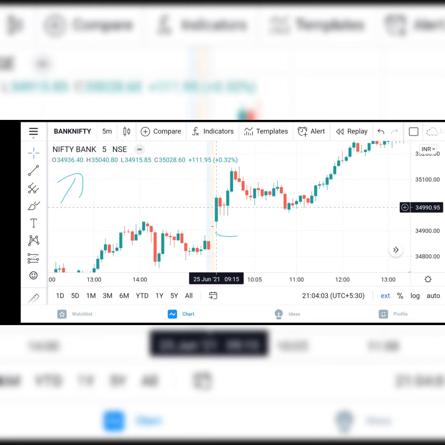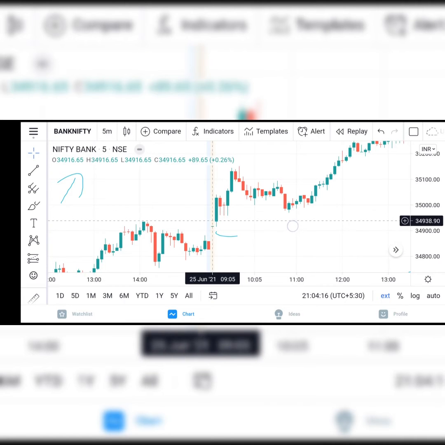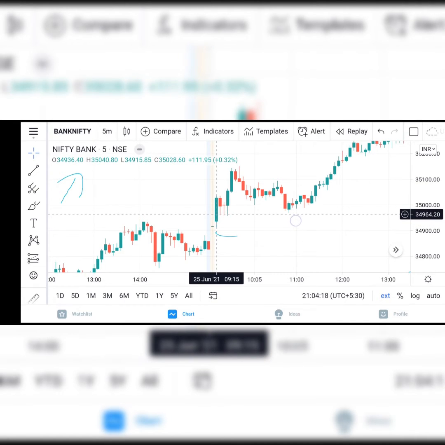So what I was trying to explain is, the opening price is 34,936, correct? What is the closing price? That is the C value, 35,028. So the price has increased over the 5 minutes.